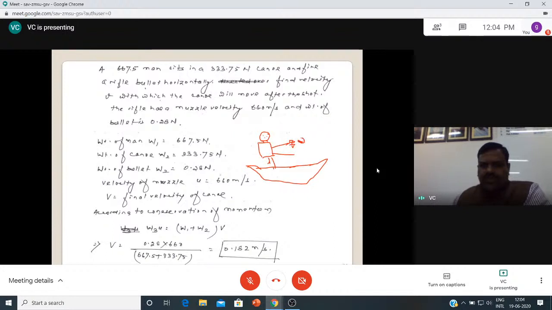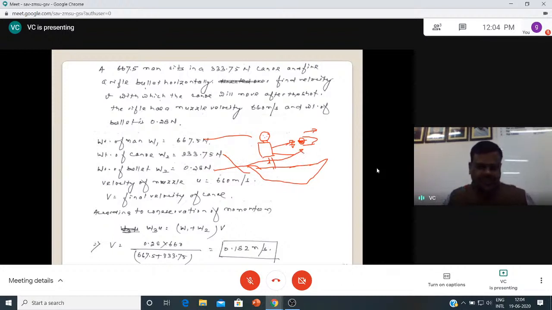The bullet is moving. The weight of the man is this one, this is the weight of the canoe, and this is the weight of the bullet. There are three things here.